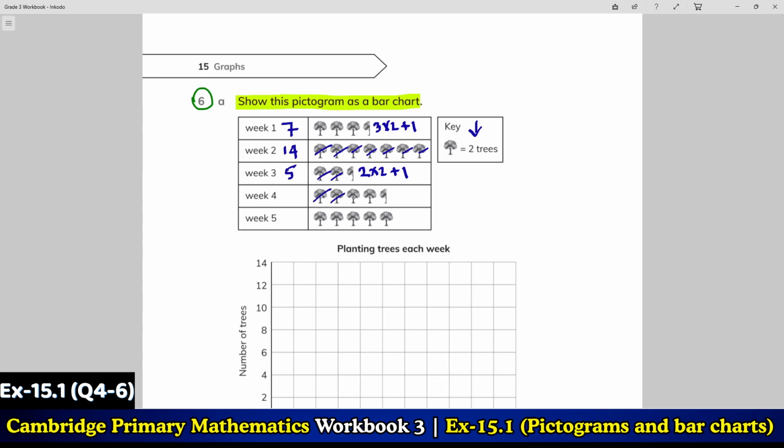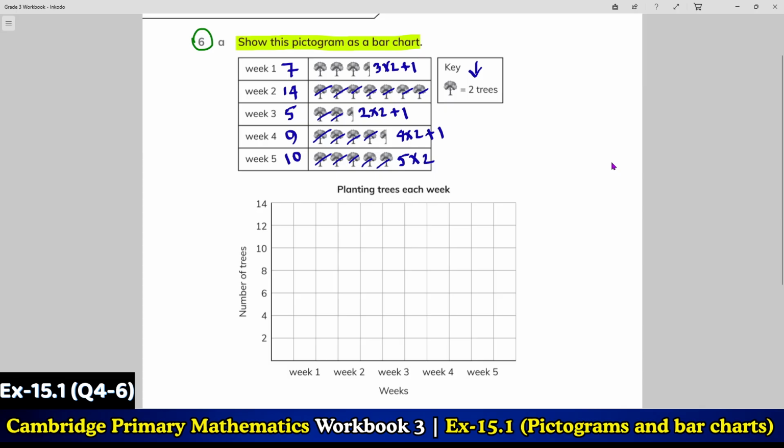Week 4, 1, 2, 3, 4. 4 times 2 plus 1. It means 8 plus 1, 9. Week 5, 1, 2, 3, 4, 5 times 2, it means 10. Now we have to plot the trees for each week. So we can draw like this way. It means first week here is a 7. So 7 can be in here, like look, in the middle it's a 3, right?